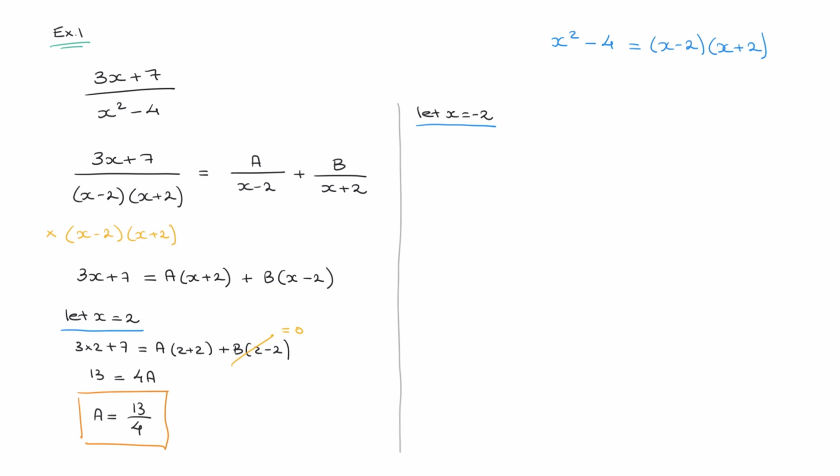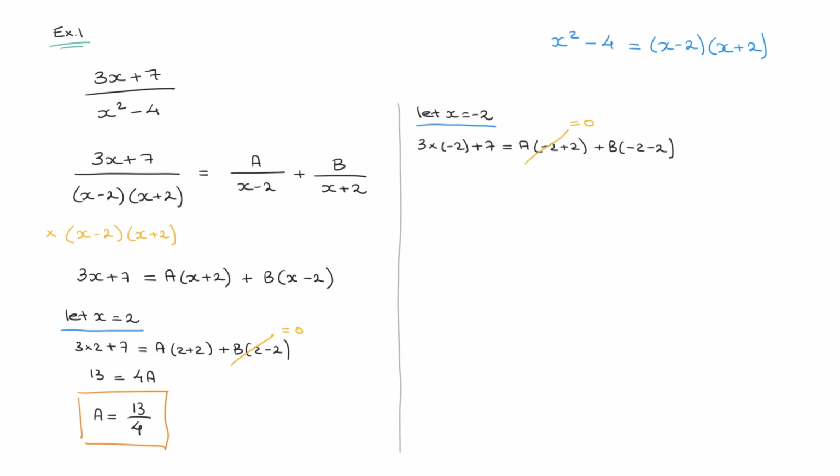There we go. And so replacing every x I see in this equation by -2, it becomes 3 times -2 plus 7 on the left-hand side, and on the right-hand side we have a times -2 plus 2 plus b times -2 minus 2. Okay, well, -2 plus 2 is equal to 0, so this first term here will just be equal to 0.